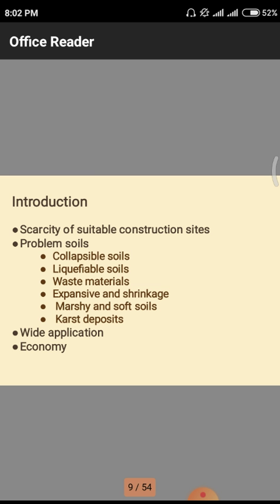First major thing we are having is collapsible soil. What is collapsible soil? Normally collapse means whenever we apply a load on a structure, due to a huge amount of load, definitely at a particular point the total structure will collapse.